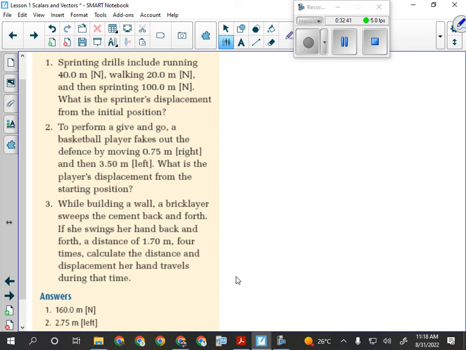So if I'm drawing this out visually, I would go 0.75 meters to the right, and then from there, 3.5 meters to the left. What's their total displacement now? 2.25 meters to the left. 2.75, right? 3.5 minus 0.75.